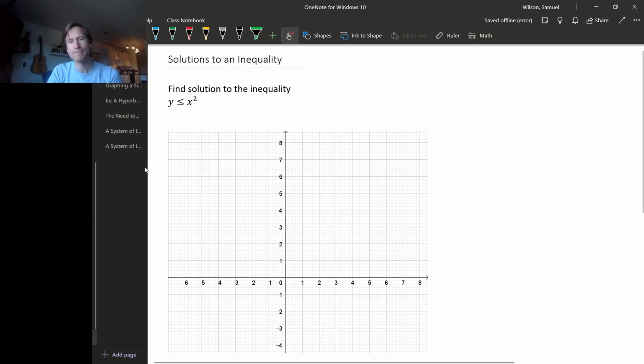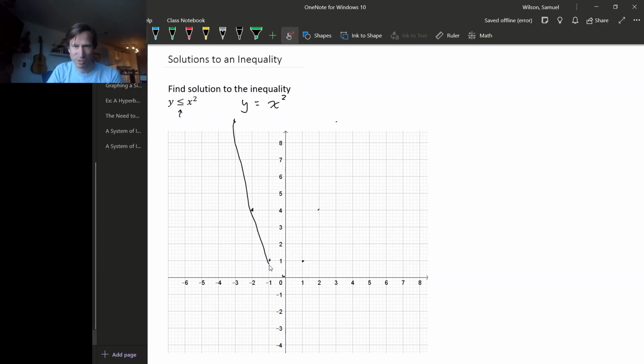the solutions. Well, the thing to realize with inequalities is if we replace this inequality symbol with an equals, we can graph this curve, y equals x squared, and that's a parabola that we're familiar with. It's going to look like this, I guess. Okay, so that's this parabola.